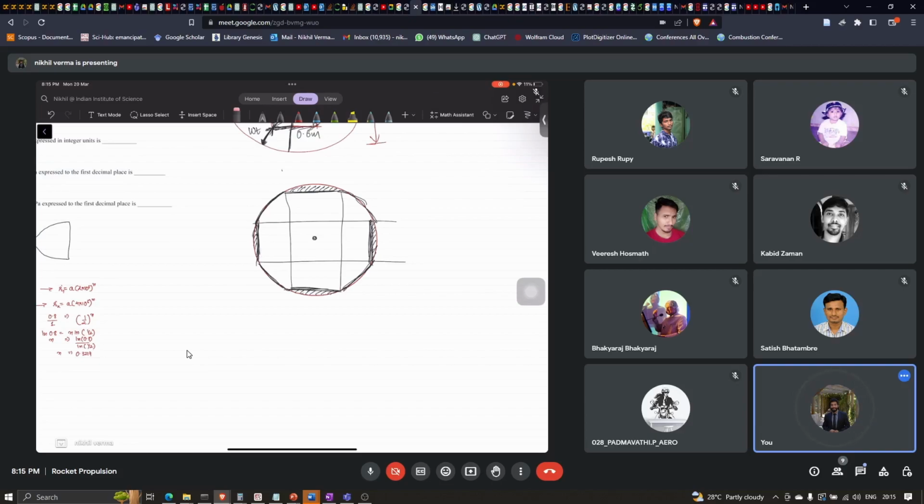So this part you have, this is what it will look like. Okay, so to calculate this perimeter, what you can do is, this is what I have done. There can be different ways of doing this. What I have assumed is this: this angle is theta, this is A and this is D, right?